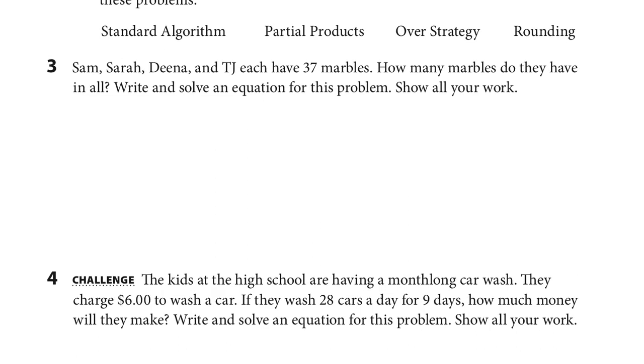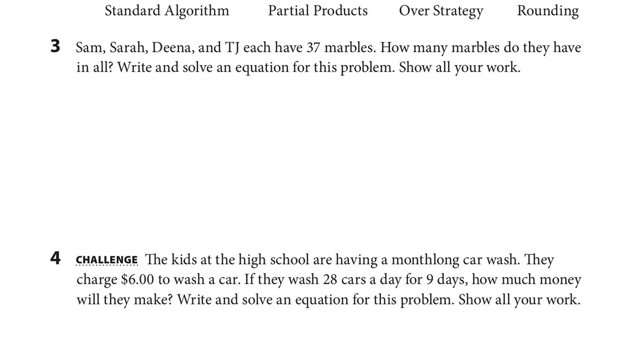Sam, Sarah, Dina, and TJ each have 37 marbles. How many marbles do they have in all? Well, if they each have 37, I'm going to need to count 37 1, 2, 3, 4 times. Notice that I said times, so I need to count 37 4 times, okay?